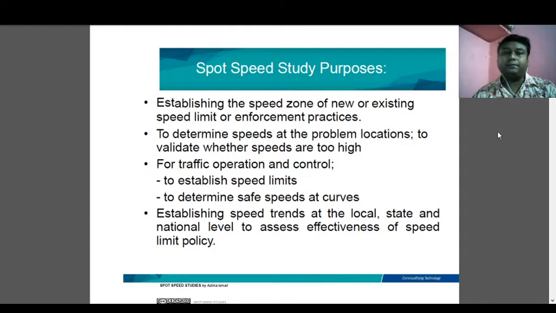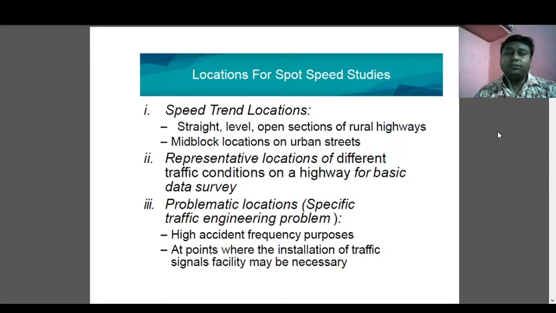Next, what will be the accurate location for selecting a spot speed study? For the speed trend location, the road should be straight and level, an open section of a rural highway, or a mid-block location on an urban street. Why mid-block?